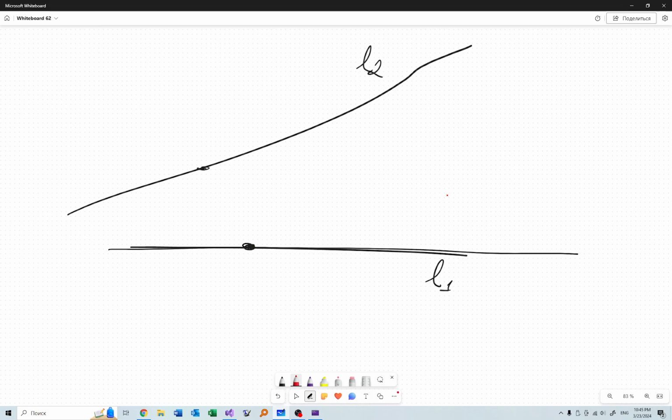But okay, let's draw it like this. And we always take two lines which are perpendicular to the direction.